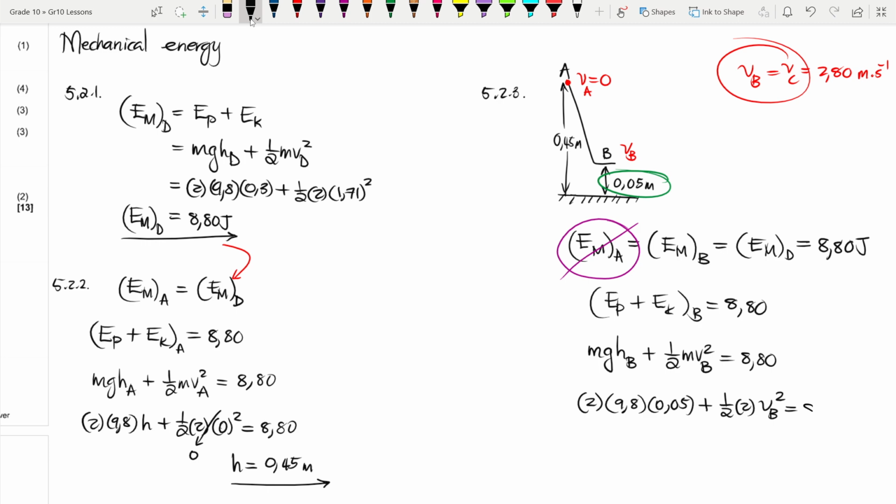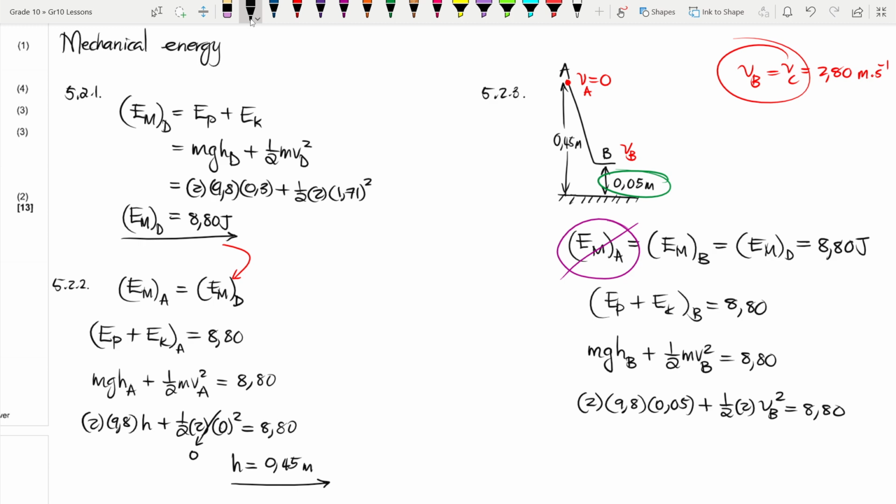This is equal to 8,80, which is our total mechanical energy. Then we're just solving for VB now, which means I'll have to multiply out 2 times 9,8 times 0,05, and then I'll subtract that from the other side, so that will be 8,80.